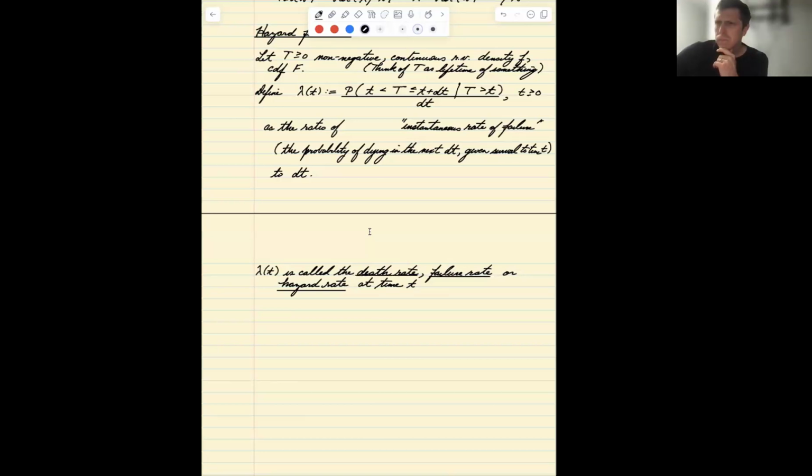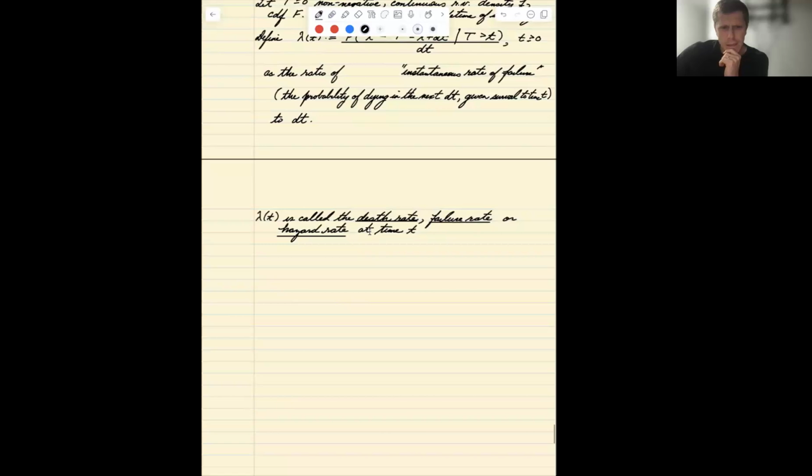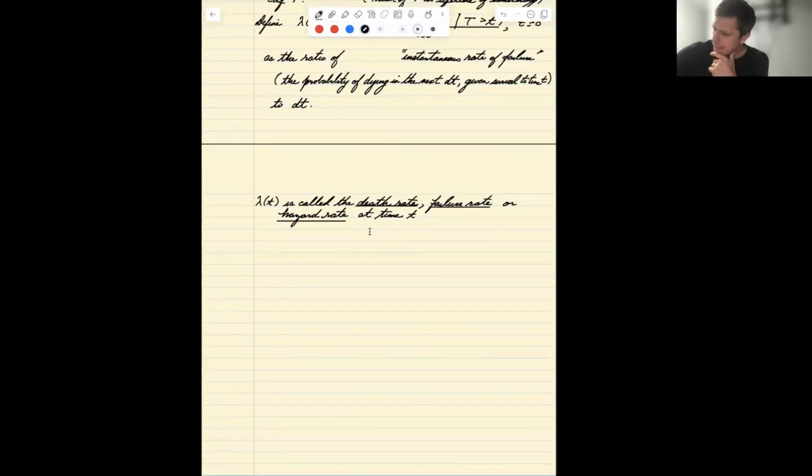And S of t, capital S of t, which we define as the probability that T is strictly greater than t, which equals 1 minus the cumulative distribution function of t, is called the survival probability.